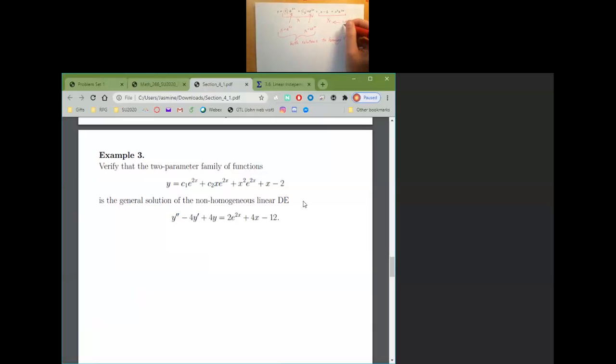Is this a solution to the non-homogeneous? And that's just a matter of taking the derivatives and plugging it in, right? Adding it up and everything. And are these linearly independent? These are the 3 questions that we have to answer.